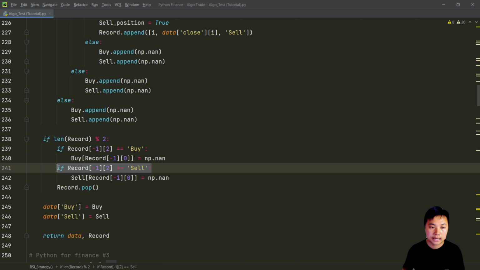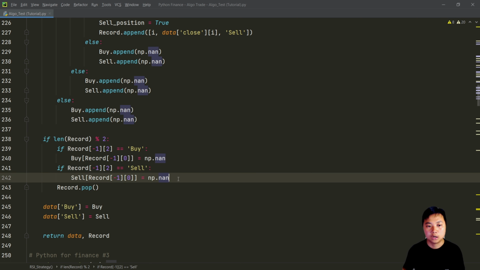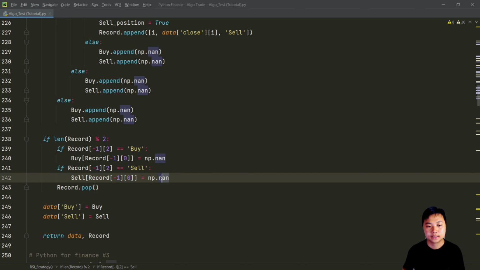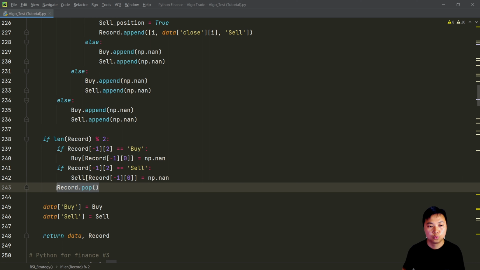And if the last trade is a sell, we will also remove that trade. And in these situations, we will just give a NumPy NaN back to the buy list, and another NumPy NaN for the sell list, and also remove the last record in the record list.